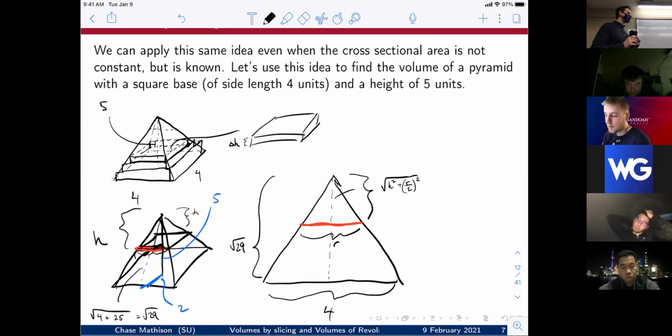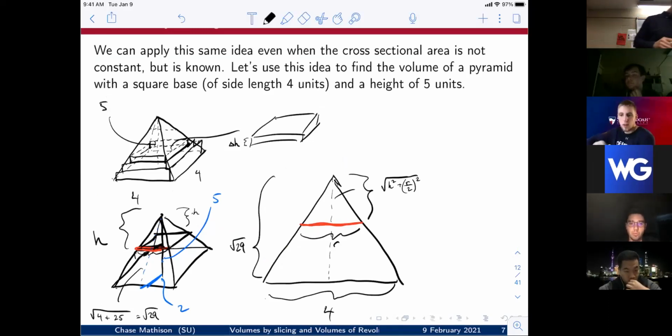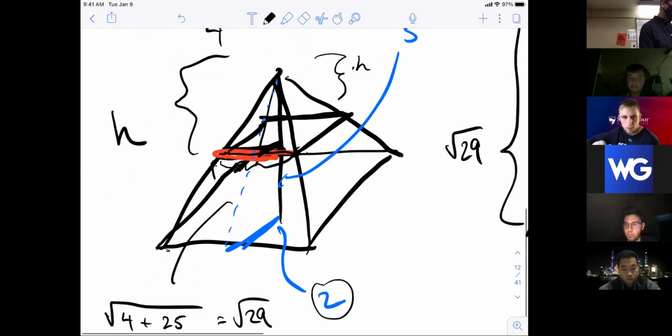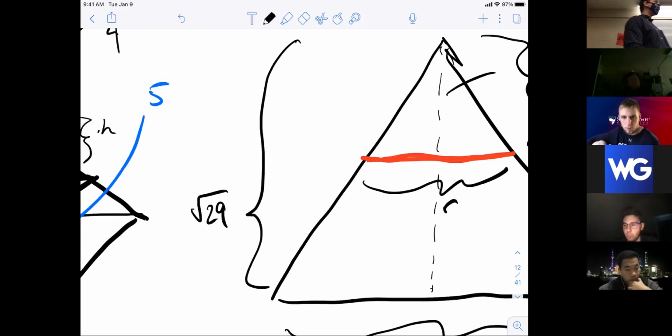Questions so far? Why is it the same reason that this was a 2 down here and not a 4? Because if I'm calling the whole red line r, then the length from the middle of that square to the edge is r over 2.